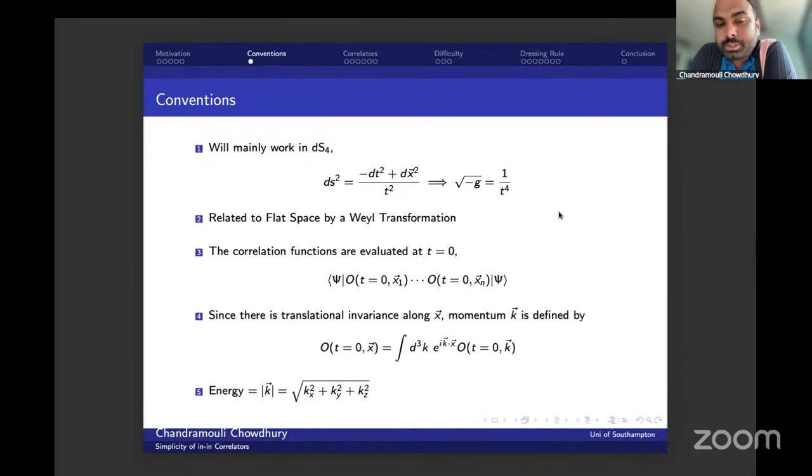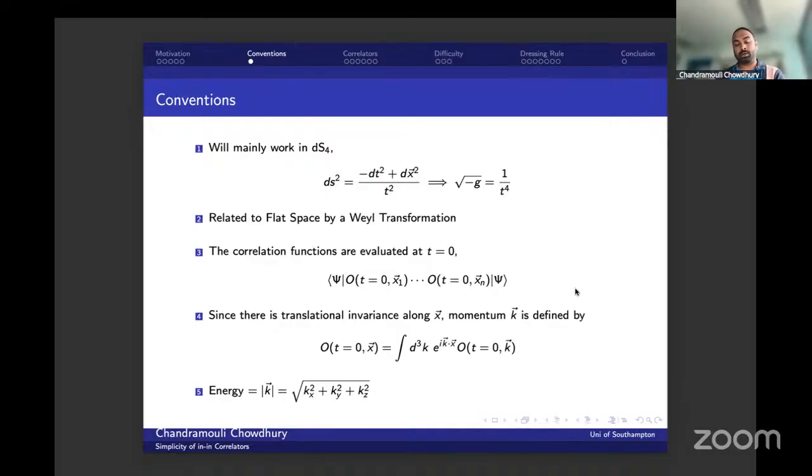And the correlation functions we'll be interested in would be of this kind, where you work with some insertions of operators at t equal to 0. So my time runs from minus infinity to t equal to 0. And I'll be interested in correlators at this time slice in some given state.